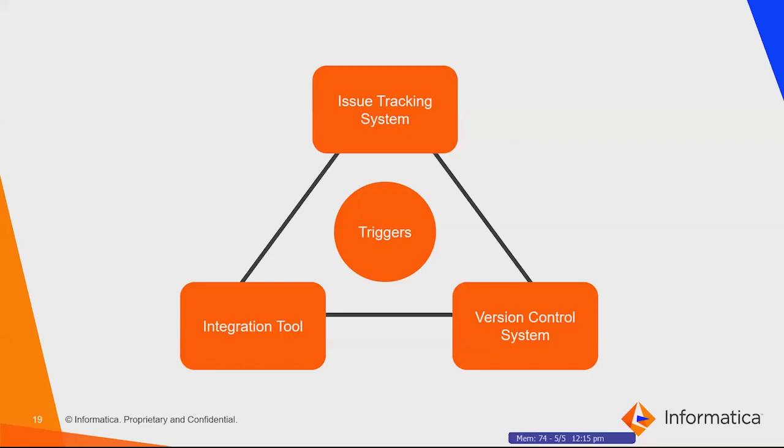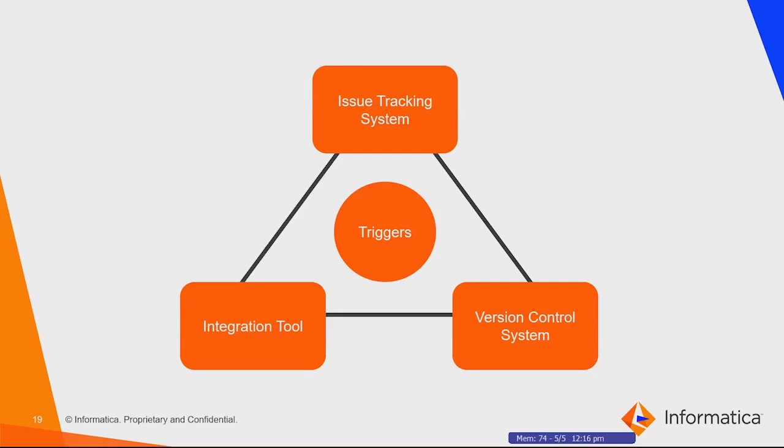This is a high-level view of the implementation of CI/CD. We have four major components, starting with the issue tracking system, which helps to track what issues are there, who is responsible for managing those issues, and what the state of each issue is.